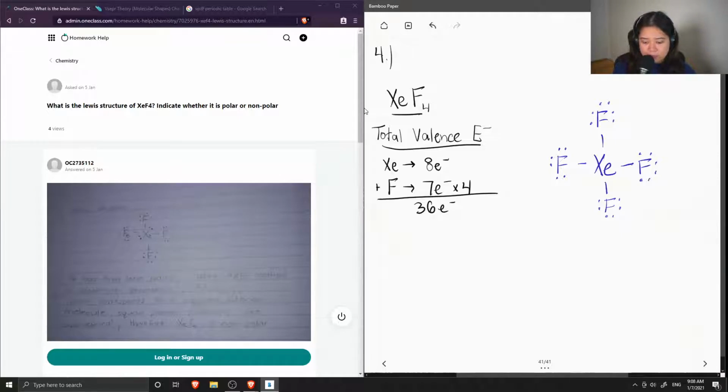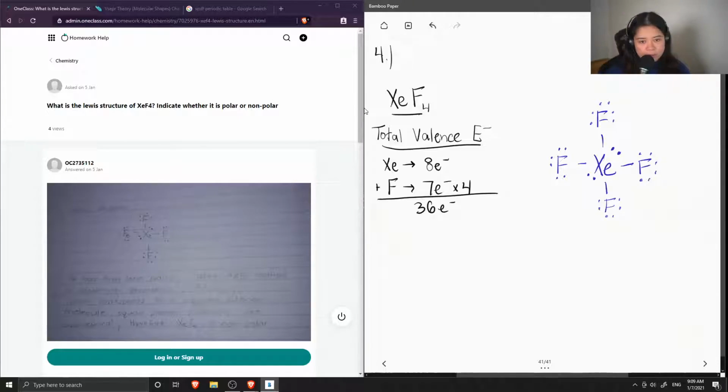So we have 32 electrons drawn so far. So I need 4 more if our total valence electrons is 36. So I'm just going to draw in my last 4 electrons as lone pairs on xenon.